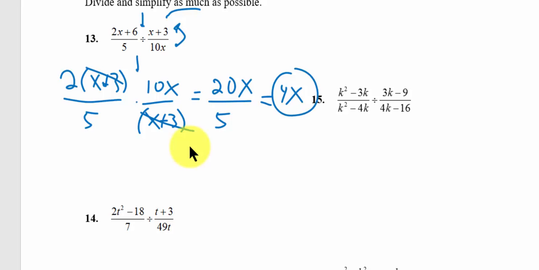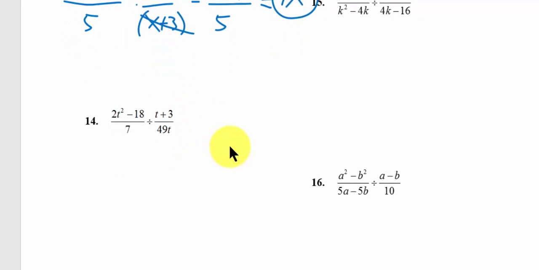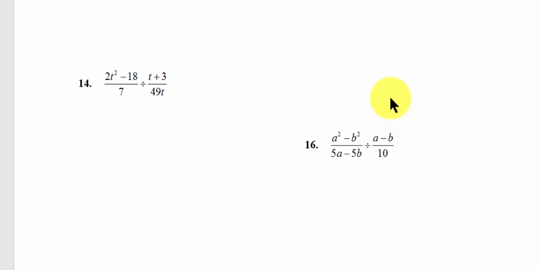Final answer. If we look at number 14, the first fraction we can factor out a 2, and I'm left with t squared minus 9 over 7. But remember, t squared minus 9 can be written as the difference of two perfect squares.